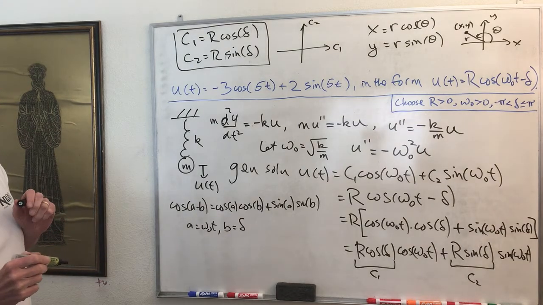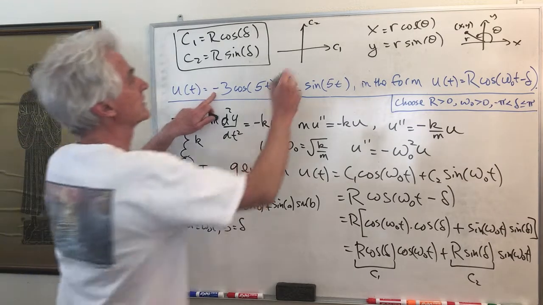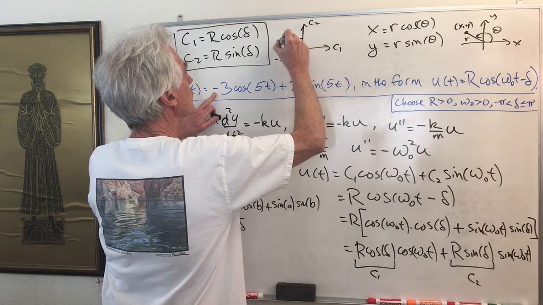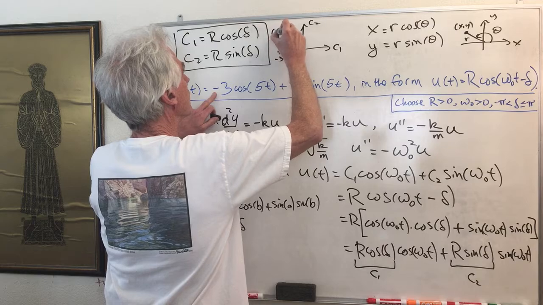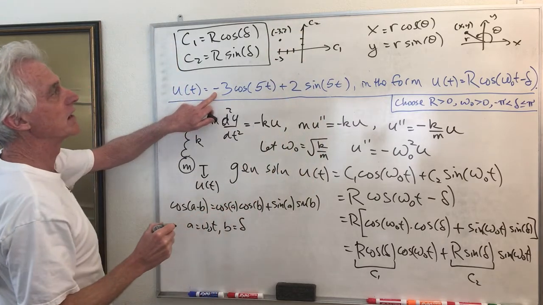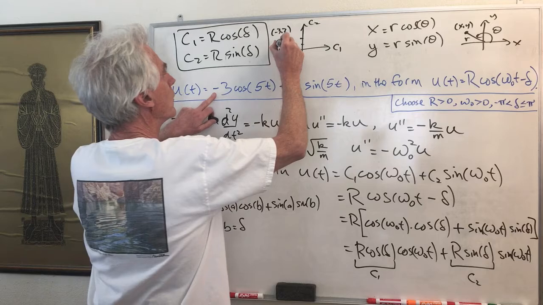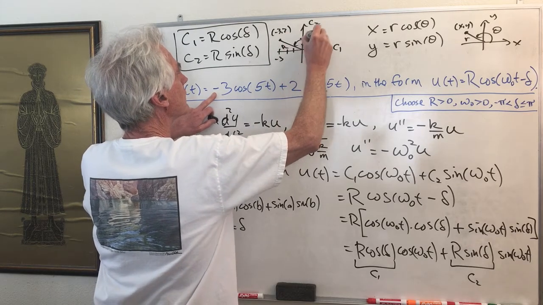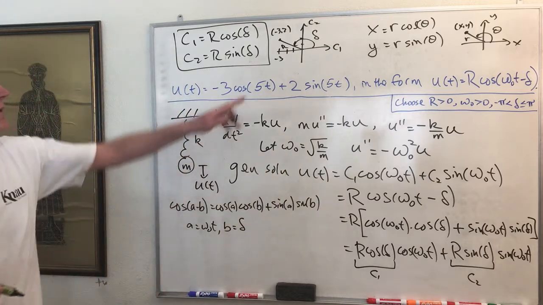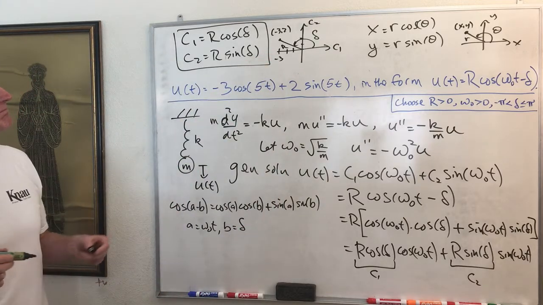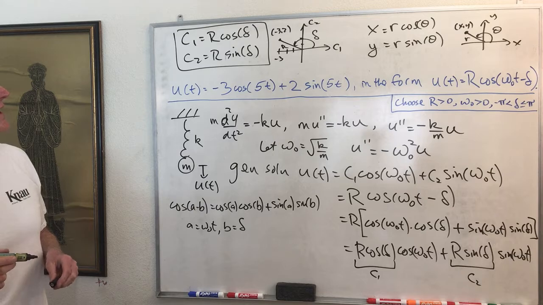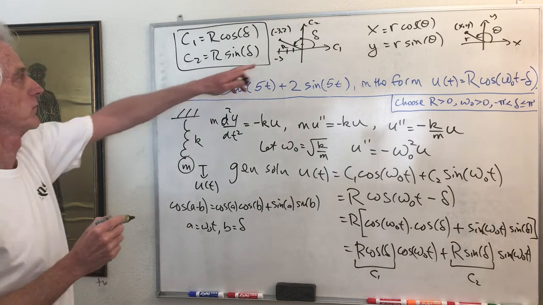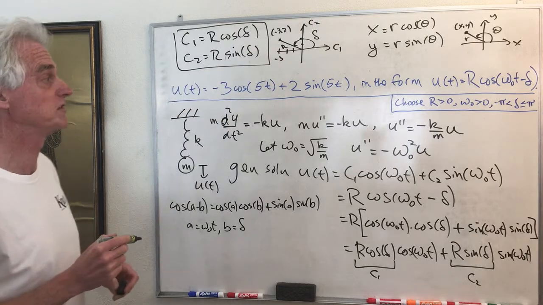For a particular point in the c1, c2 plane, let's just choose minus 3 and 2, we want to find r and delta. If we know what r and delta are, we have it made for c1 and c2. Here c1 is minus 3, c2 is 2.